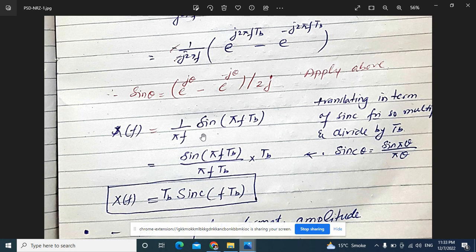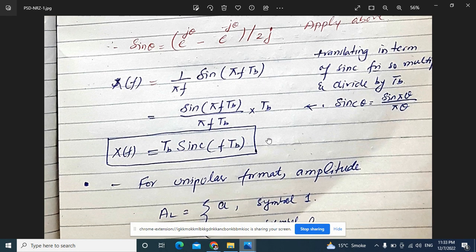So you multiply and divide by TB: sin pi f TB divided by pi f TB, multiplied by TB. We know that sinc theta is equal to sin pi theta by pi theta. So that is why it is TB sinc of f TB.